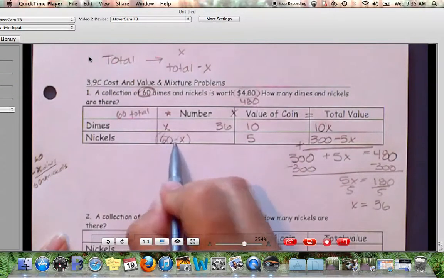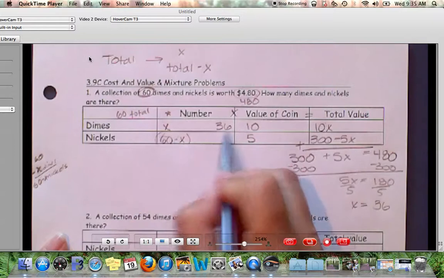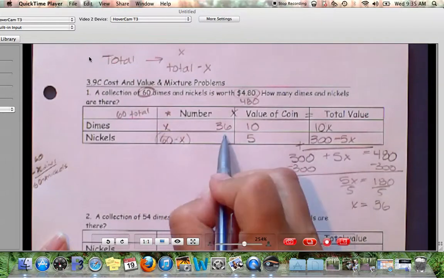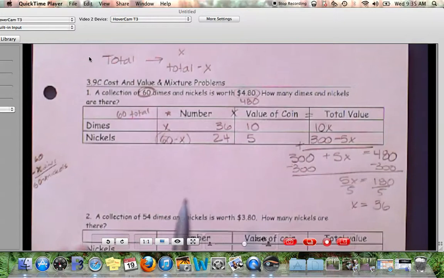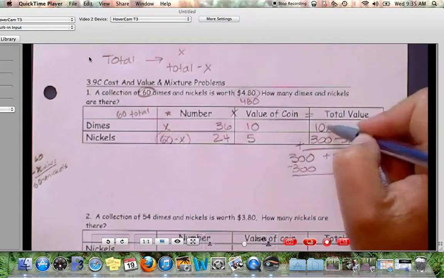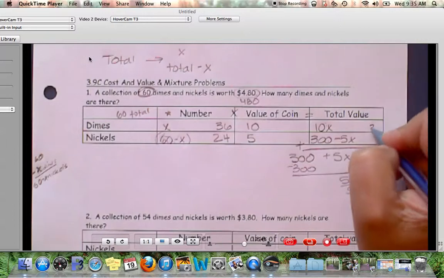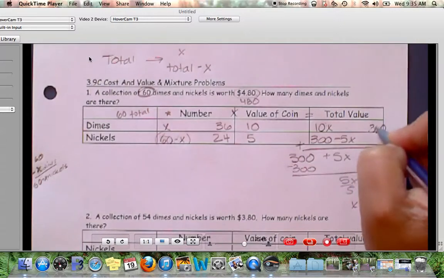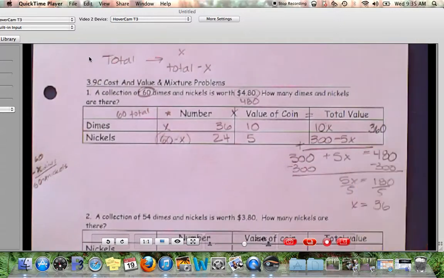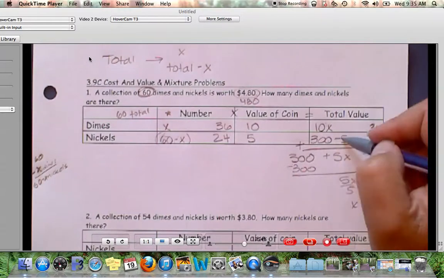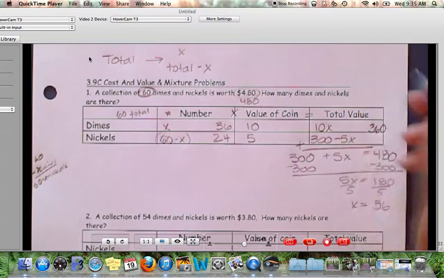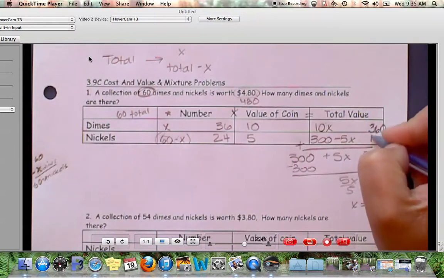60 minus 36 would be 24. Okay. 10 times 36 would be 360. And 300 minus 5 times 36 will end up being 120.